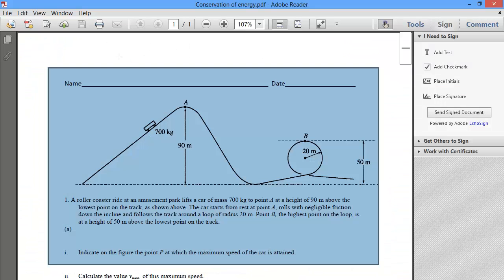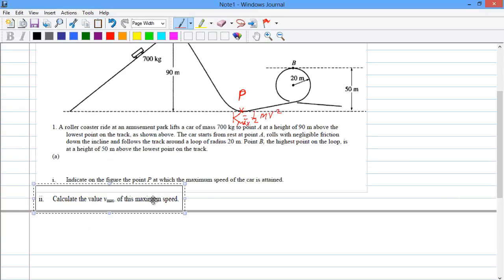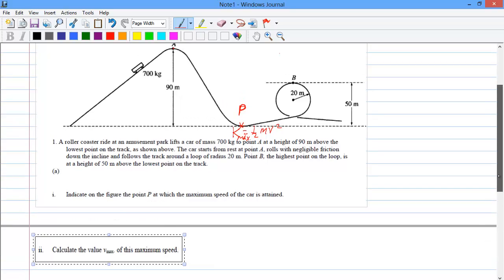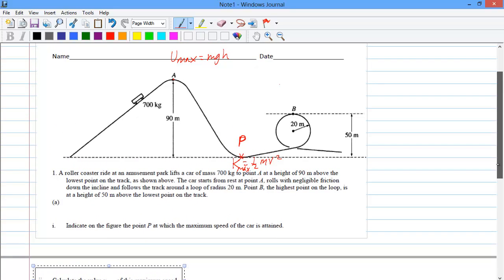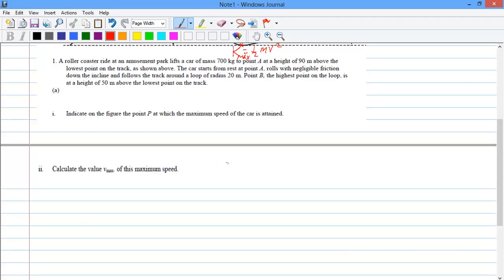The next question asks us to calculate the value of the maximum speed. Again, I know that the initial potential energy has to become the final kinetic energy. So this is just an example of conservation of energy. The initial energy has to equal the final: initial potential energy plus initial kinetic energy equals final potential energy plus final kinetic energy.